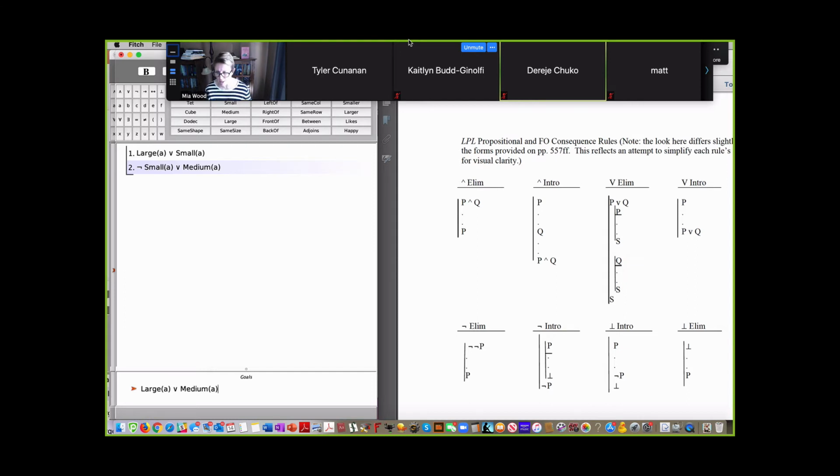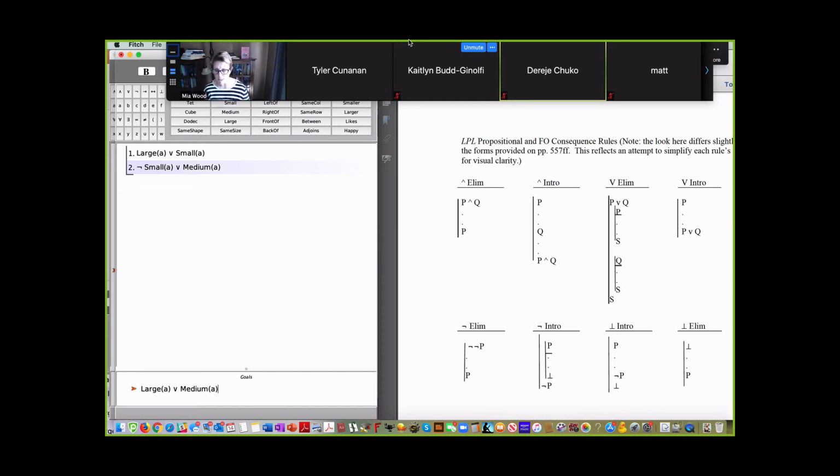Obviously, we look at the argument. We make sure we understand what we're looking at. So we read the argument. We say A is large or small. Moreover, it's small, not small, or it's medium. Therefore, it's large or medium, right?